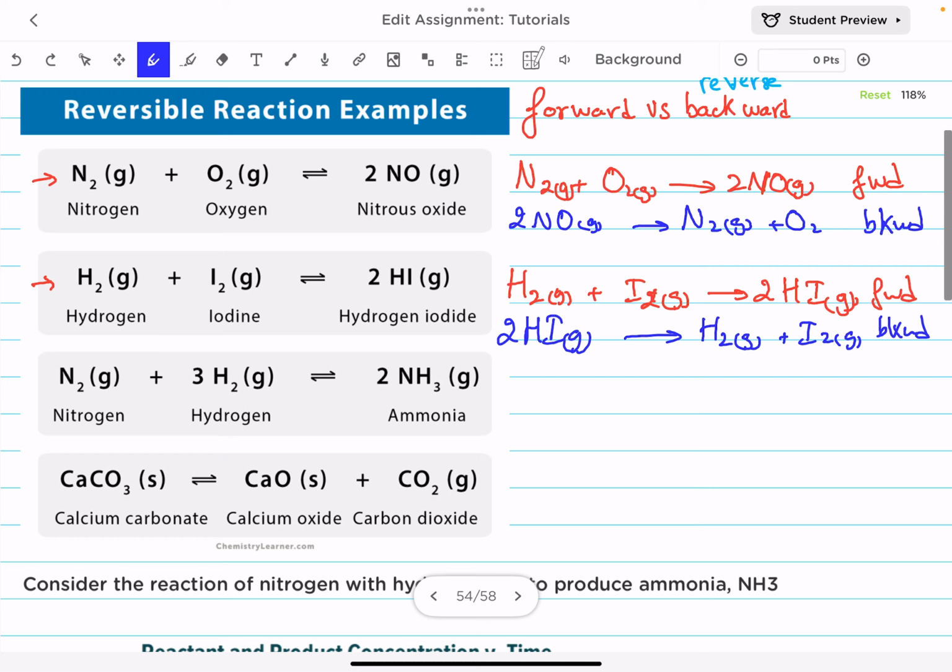Sometimes there are questions in the tests and exams. They ask you to identify the reactants in a forward reaction, or identify the products. Similarly, identify reactants in a backward reaction and identify products in a backward reaction.